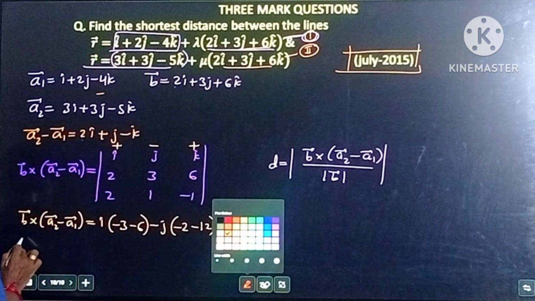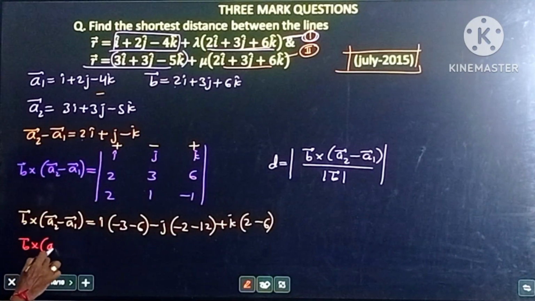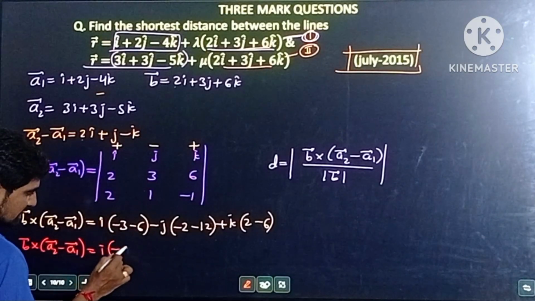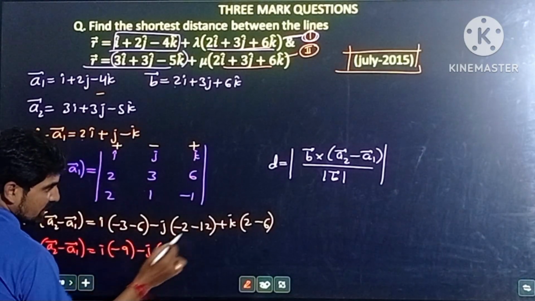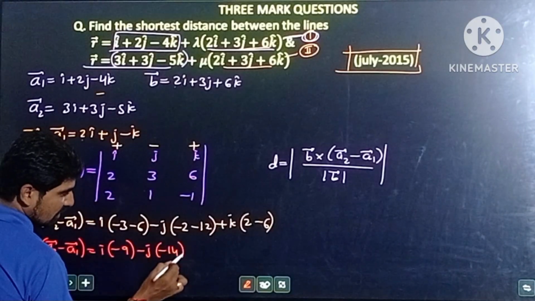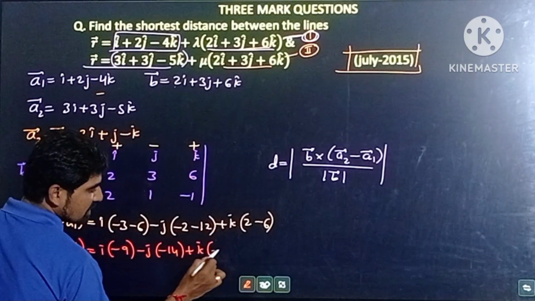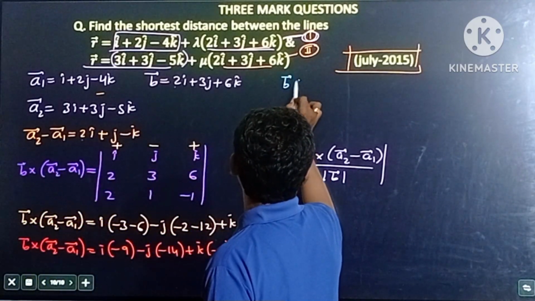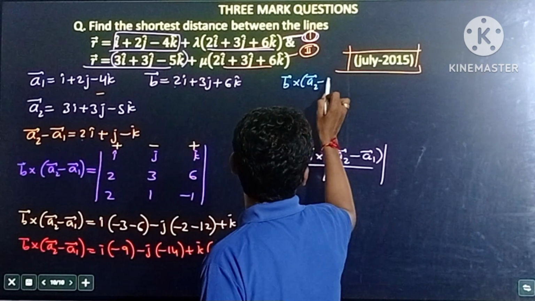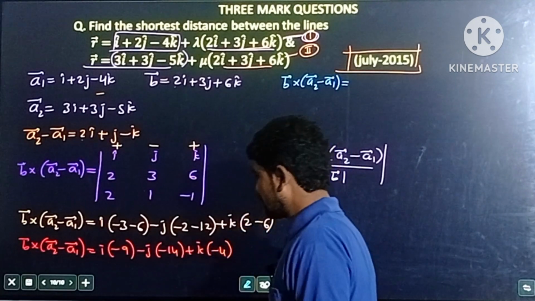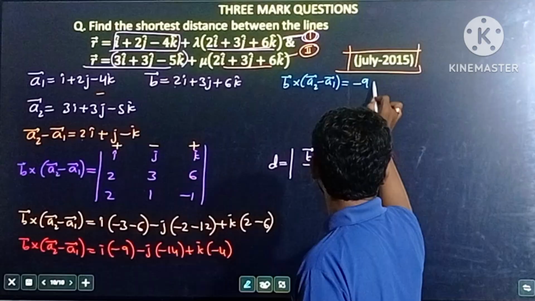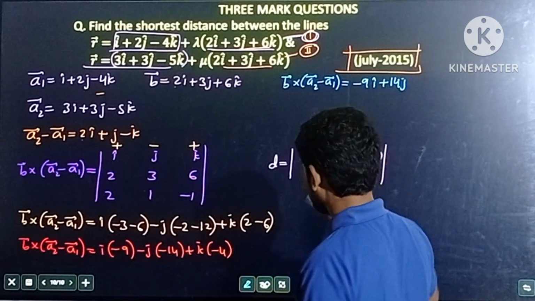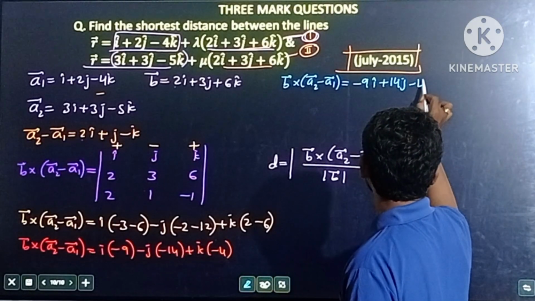Therefore it is i into minus 3 minus 6 is minus 9, minus j into minus 2 minus 12 is minus 14, plus k into 2 minus 6 is minus 4. Hence B vector cross (A2 vector minus A1 vector) is equal to minus 9i plus 14j minus 4k.